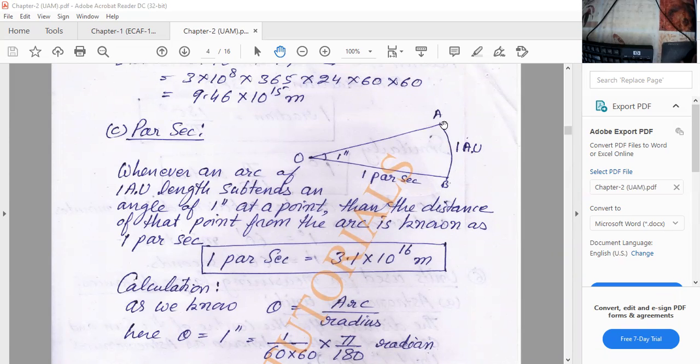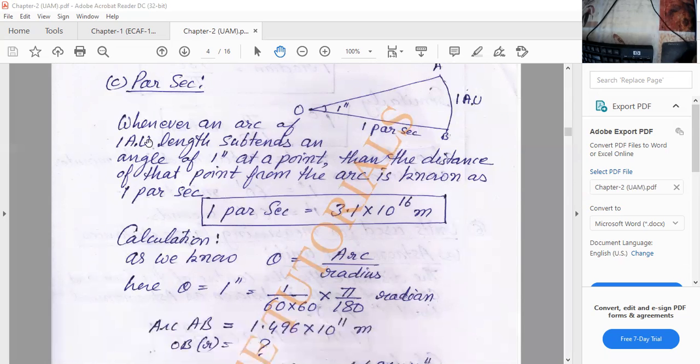At point O, this arc subtends an angle of 1 second. So when an arc subtends an angle of 1 second at any point, then the distance of that point from the arc is known as 1 parsec, right? So here is the definition.